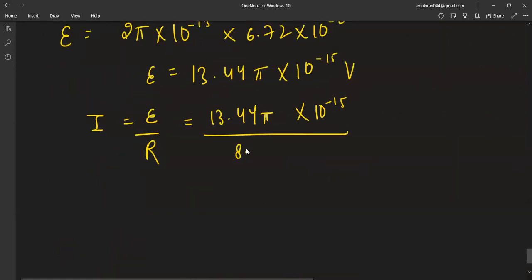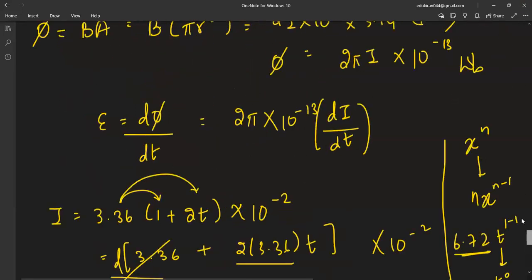So 8.4 into 10 to the power minus 4. This is it. So how much should this be? Just check. 8.40, it will become around 8 if we take this. Just check how much this would come. I'll tell you the answer there.